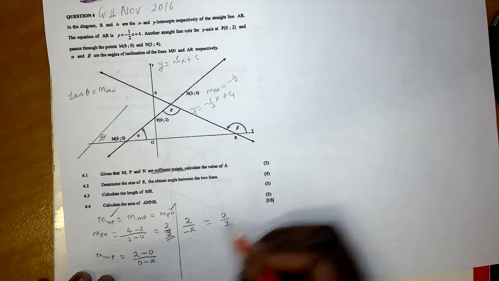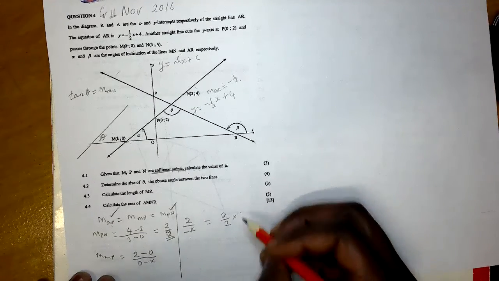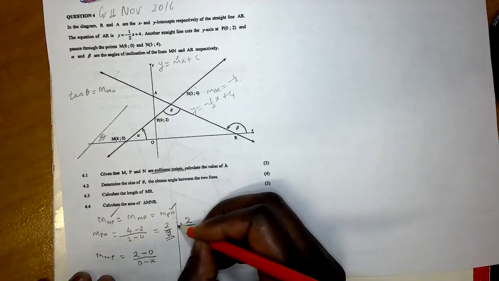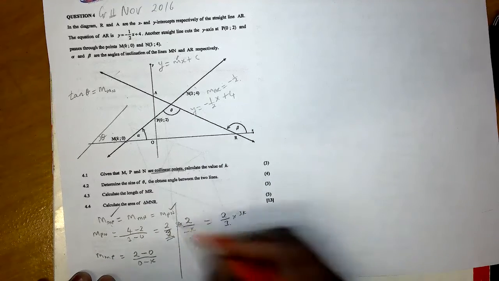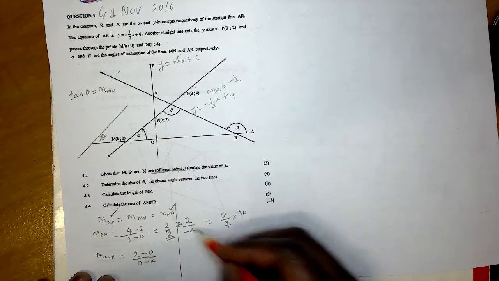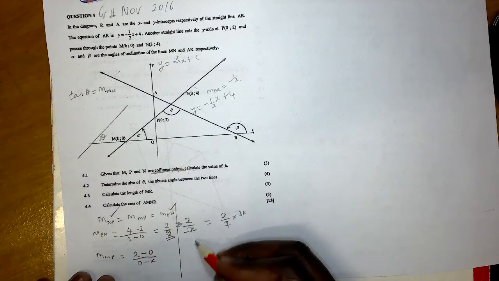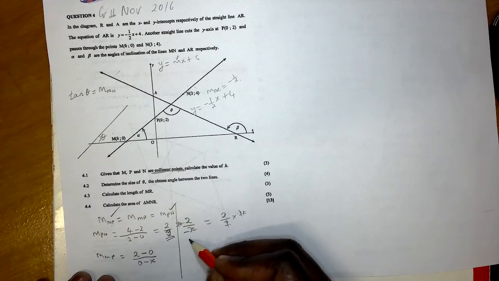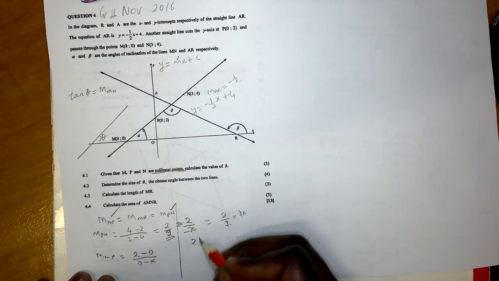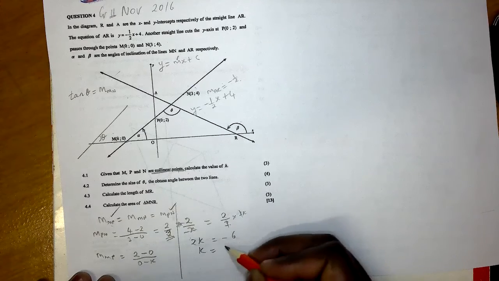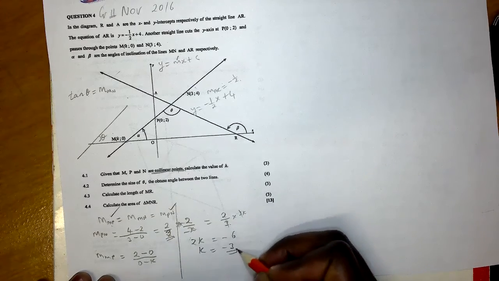We multiply by 3K, our common denominator. Three times 2 gives us 6, so 2K is equal to negative 6. Now K is equal to negative 3. That's our answer at the end.